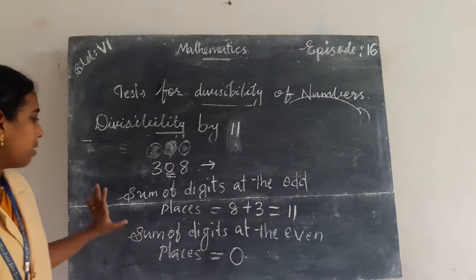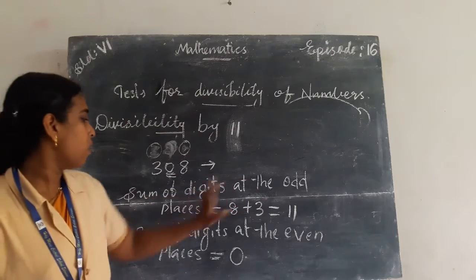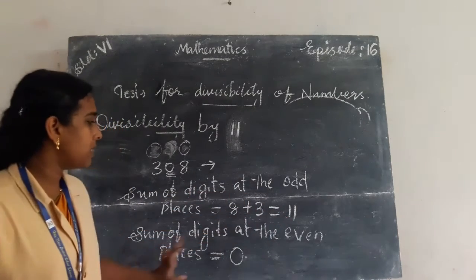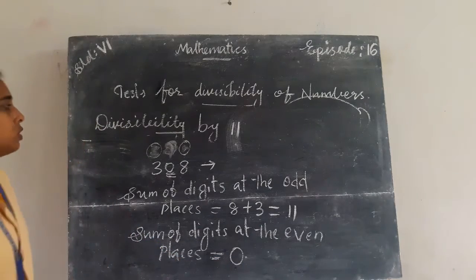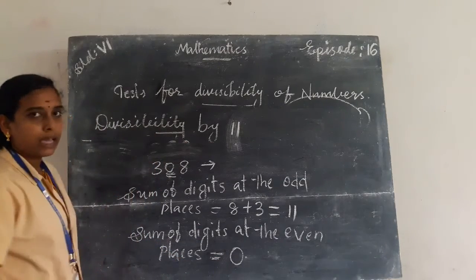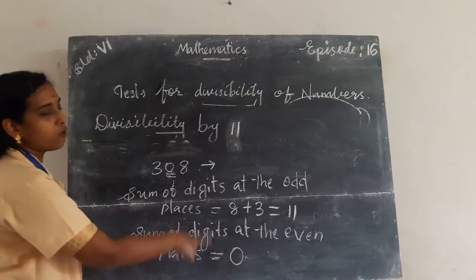So we get that the sum of digits at the odd place is 11 and the sum of the digits at the even place is 0. Okay. And to check whether this number is divisible by 11, we take the difference of these.